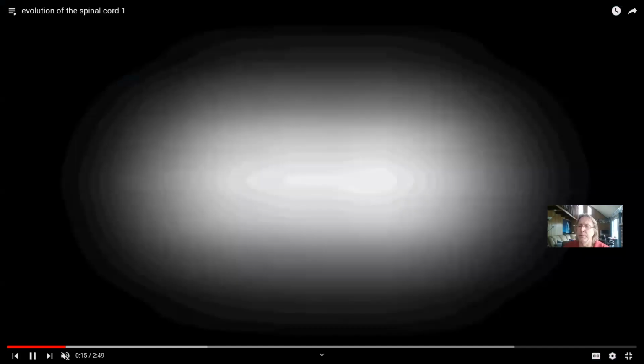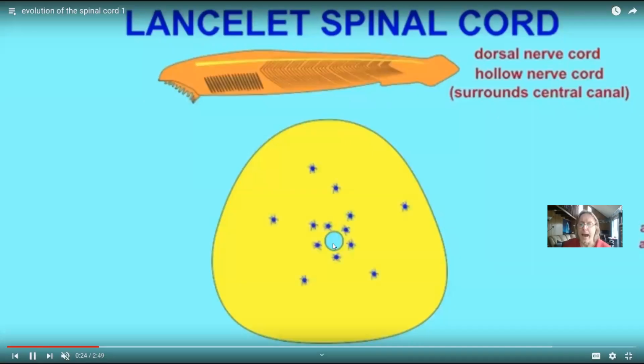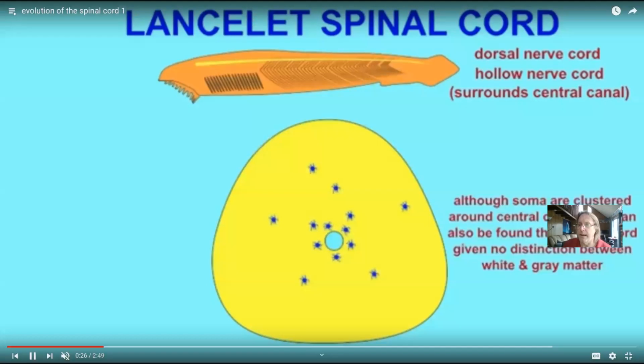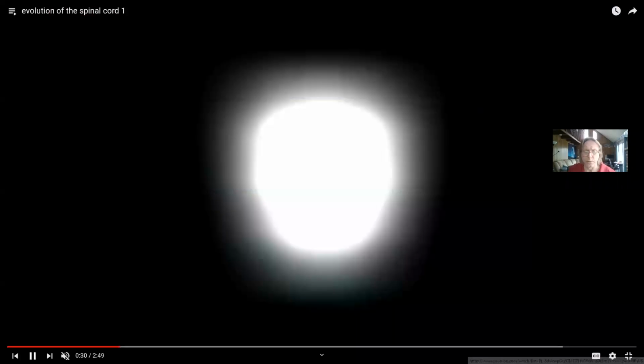So even if we look at primitive chordates like lancelets, we see that the nerve cord is dorsal along the back and hollow around a central canal. There are some features different from that of humans.